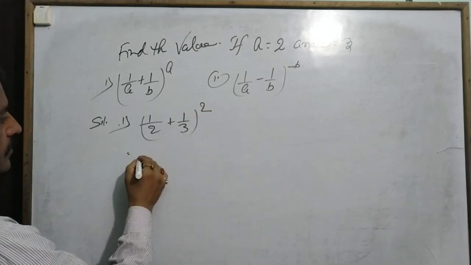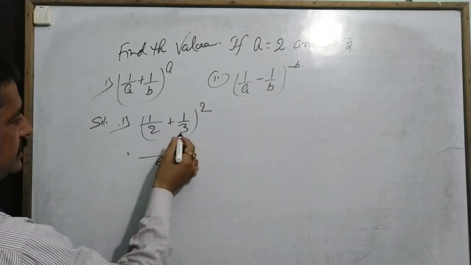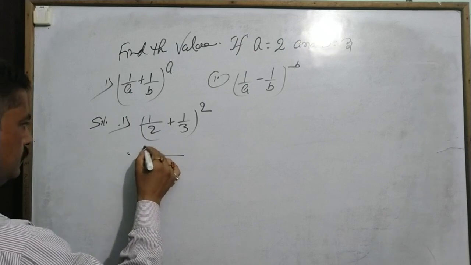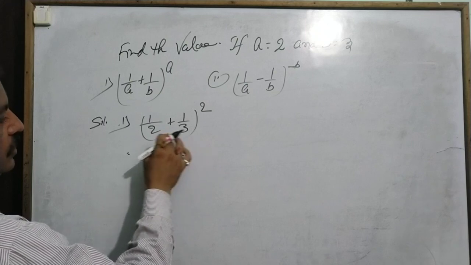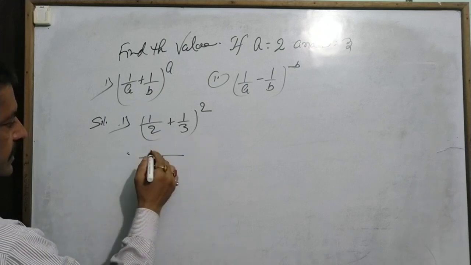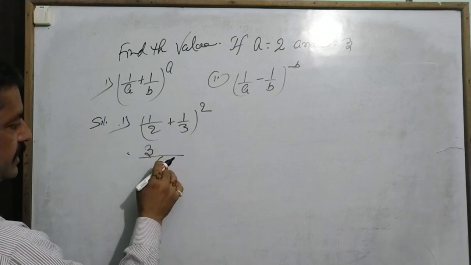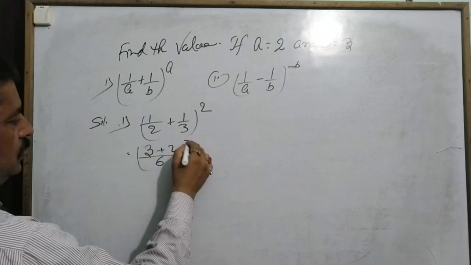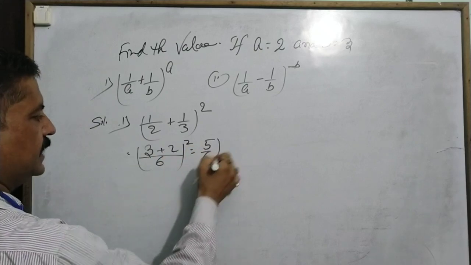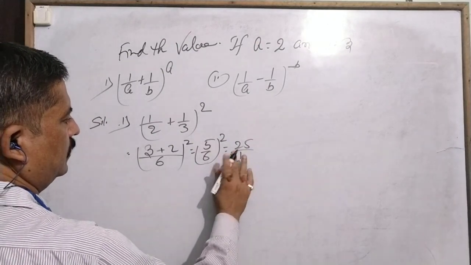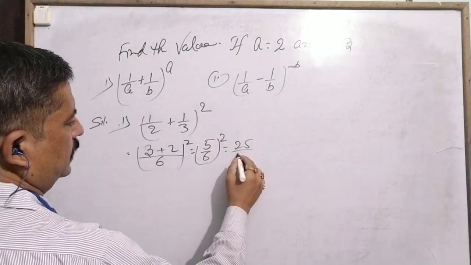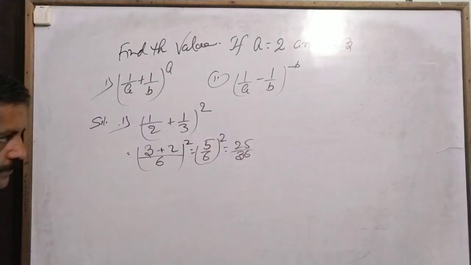The LCM will be 6. If you divide 6 by 2 you get 3, and 6 by 3 you get 2. So 5 by 6 to the power 2 is equal to 25 by 36.